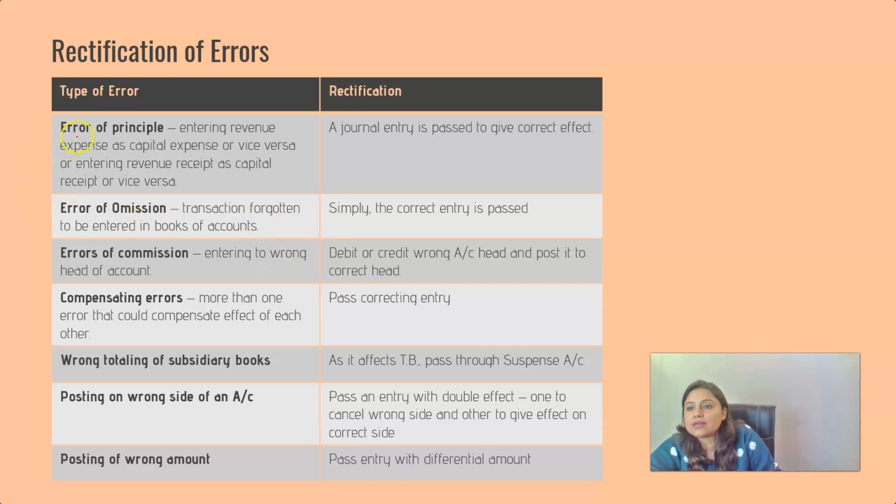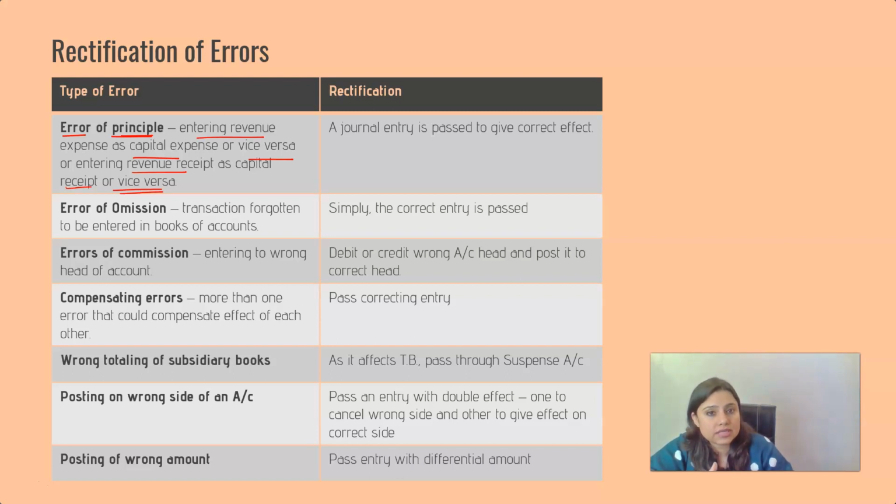The first is error of principle, which means entering a revenue expense as a capital expense or vice versa, or entering a revenue receipt as a capital receipt or vice versa. One can make a mistake while determining the nature of a particular expenditure, whether it is capital or revenue expenditure.